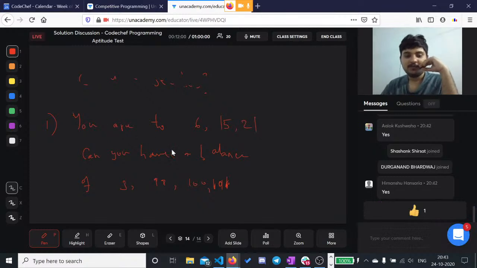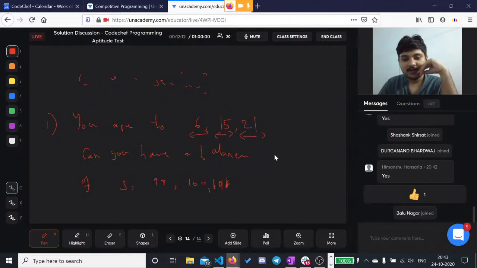The first observation you have to make is that since you are allowed to make transactions only in multiples of 6, 15 and 21, and you start off with 0, every time your balance will be divisible by 3. Initially it's 0, divisible by 3, and whether you add 6 or 15 or 21, or subtract 6, 15, or 21, the balance will always be divisible by 3.